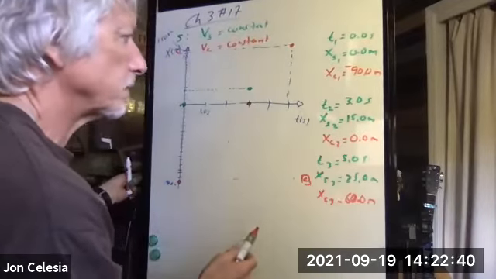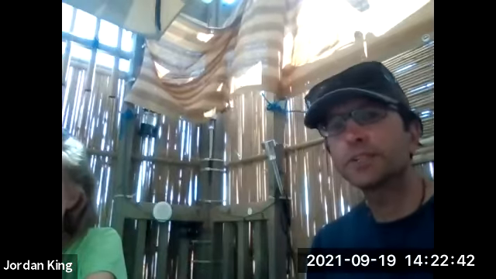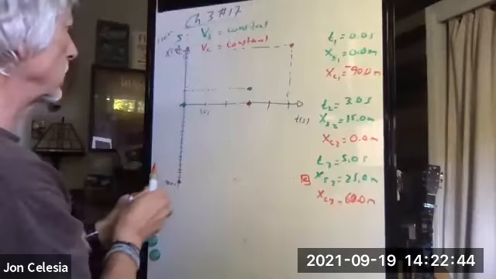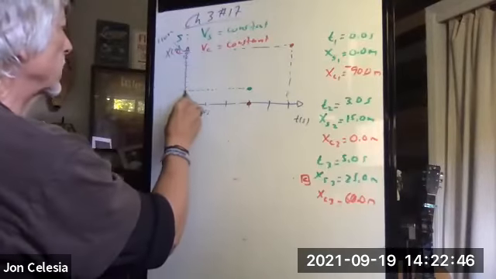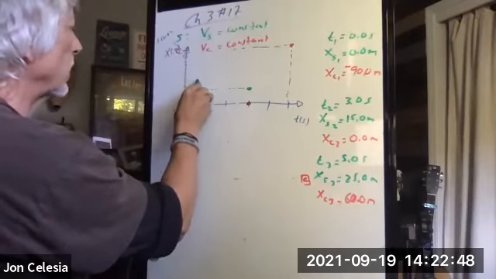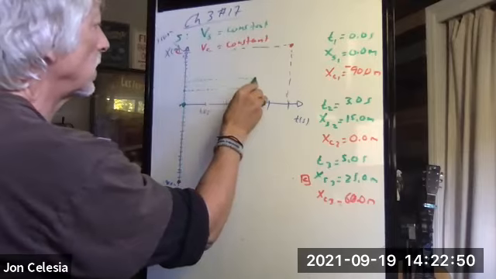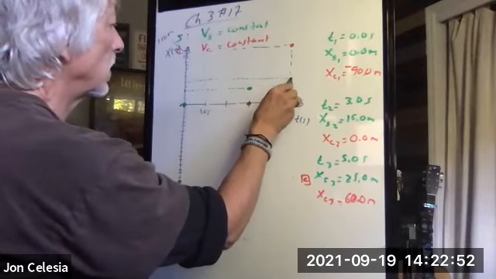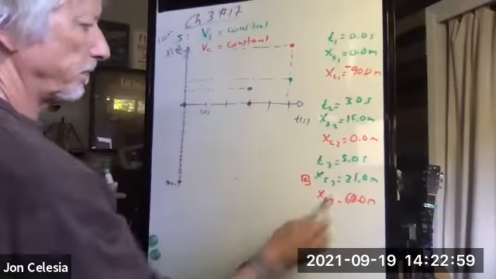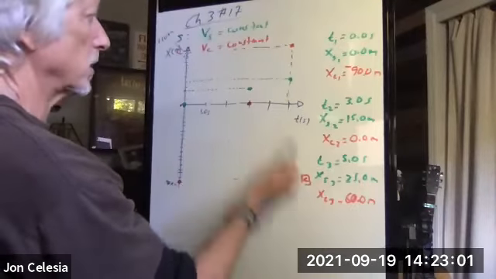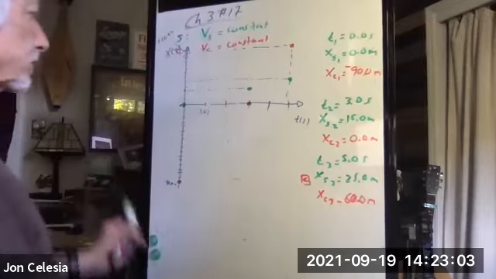At 5 seconds, Sage is at 25. 5, 10, 15, 20, 25. The cheetah is here. At 5 seconds, the cheetah's at plus 60.